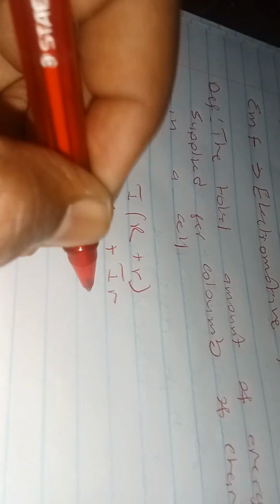EMF is equal to I times the external and the internal resistance, which you can simply say is IR plus Ir, which will make the V external and the V internal.